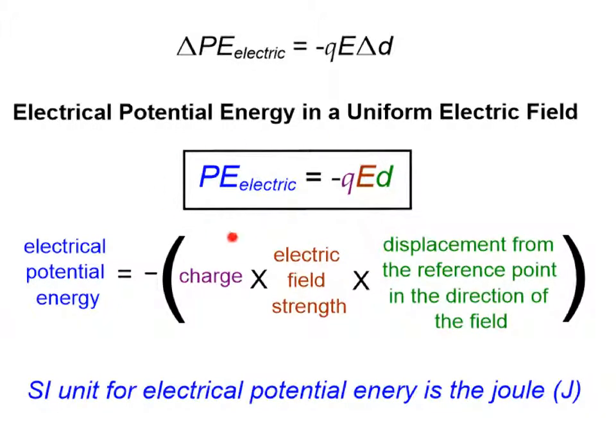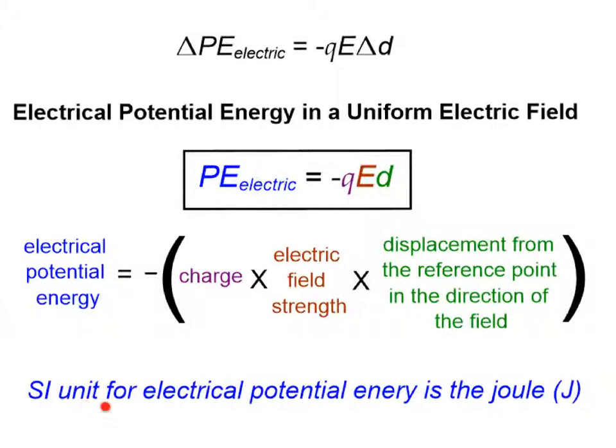And you can see that electric potential energy depends on several things. The charge, it also depends on the electric field strength, and it depends on that displacement from that reference point in the direction of the field.